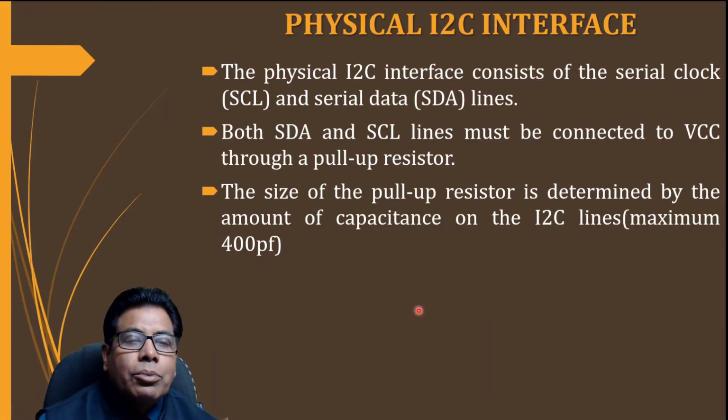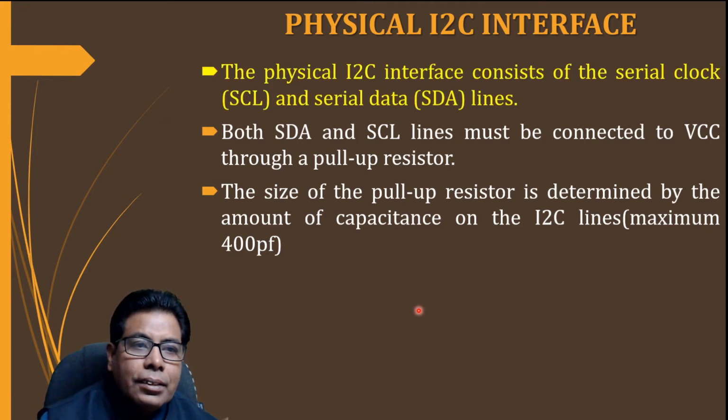Now let us come to the physical I2C interface. The physical I2C interface has two lines, the serial data line and the serial clock. Both lines must be connected to VCC through pull-up resistors, and the size of the pull-up resistor is determined by the amount of capacitance on the I2C lines.